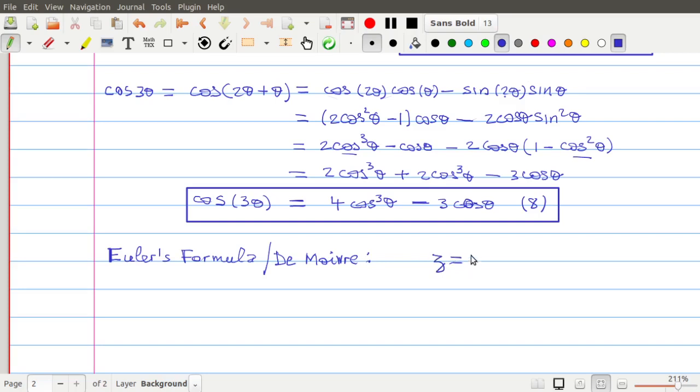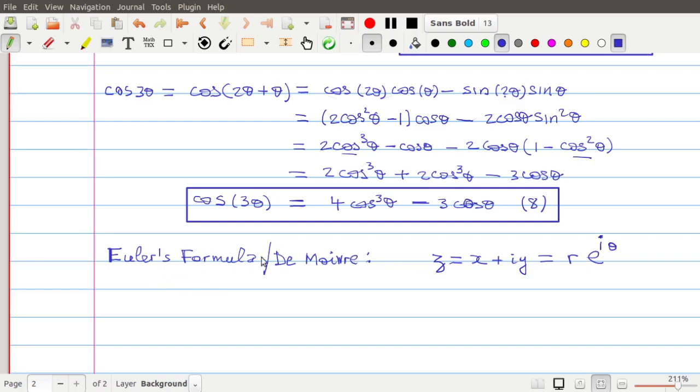So a complex number written in this form, you can write that in polar form to be r exponential i theta. But in our case, if we are using our trigonometric circle, you can assume that this r is 1.